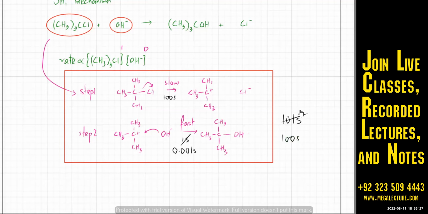So the overall time required is almost the same. There's almost negligible time change if you try to speed up the fast step. So is this idea clear that the fast step, no matter how you try to speed it up, will hardly affect the time taken for the reaction to happen?